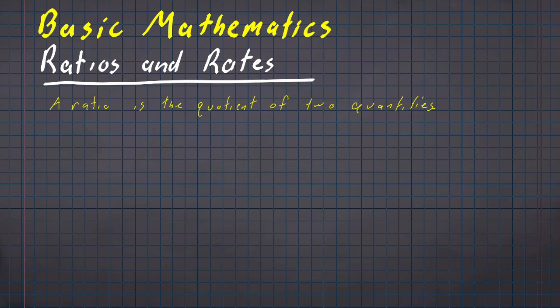Formally, we can say that a ratio is the quotient of two quantities. Quotient, you should remember, is the result of doing division.